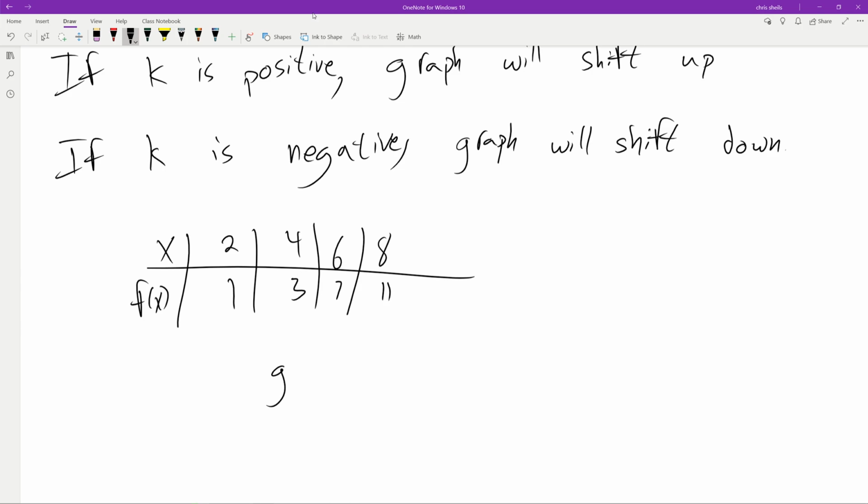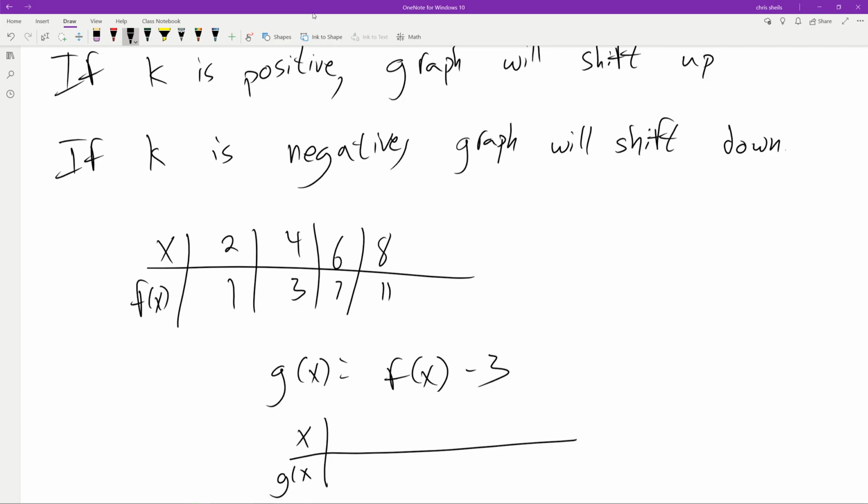Let's create a table for g of x equals f of x minus 3. So remember, with these vertical shifts, my input remains the same. It's simply my outputs that change here. So my inputs are still 2, 4, 6, and 8.